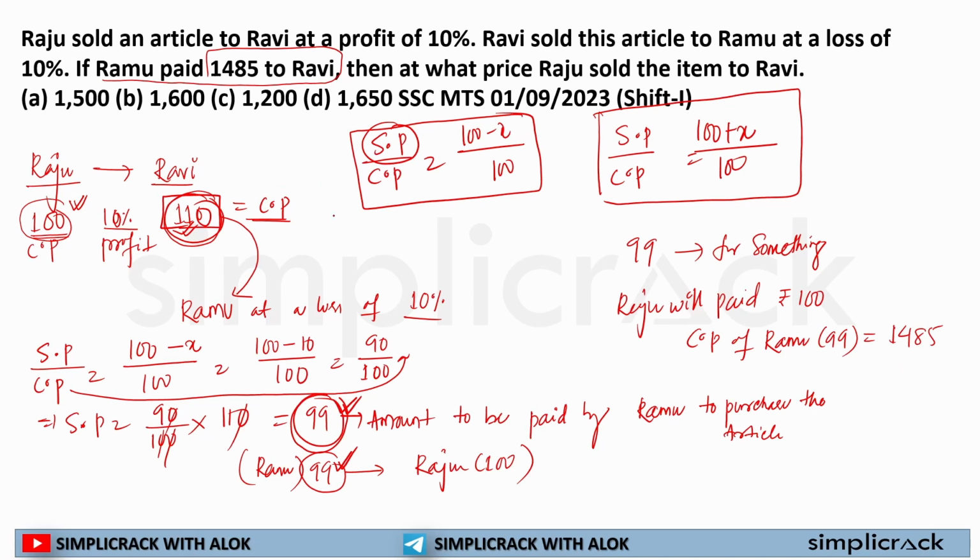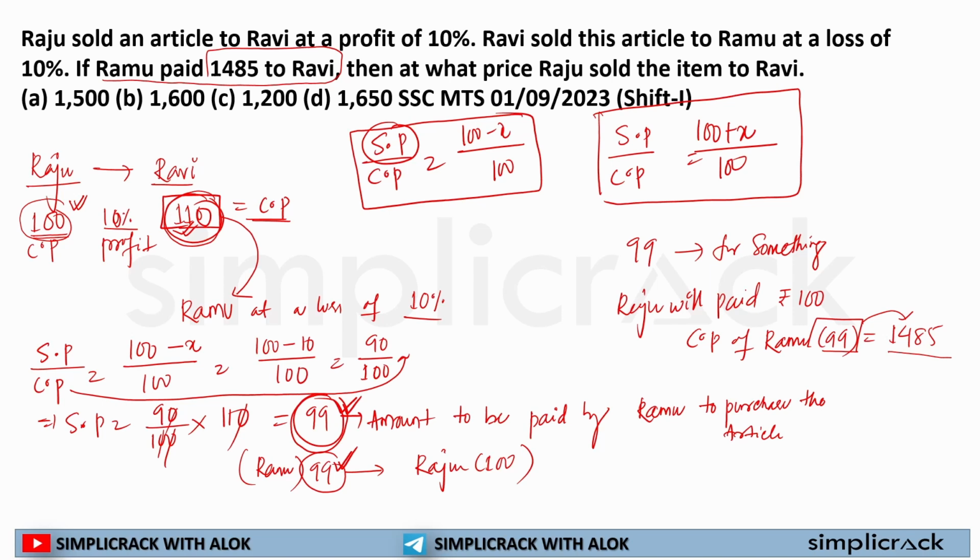This is the methodology through which we will be solving the question. So you need to understand each and every concept very carefully. If Ramu is paying 99, Raju will pay 100. But in this case, 1485 is paid by Ramu. So I can say 99 of Ramu is equal to 1485, because that is how we are creating the relation.